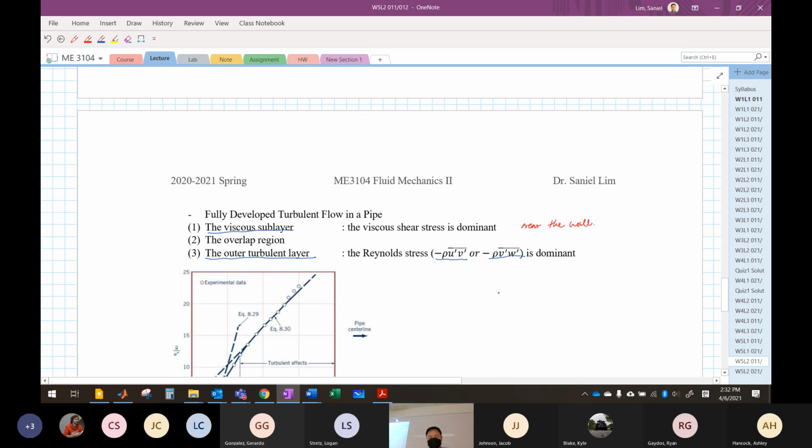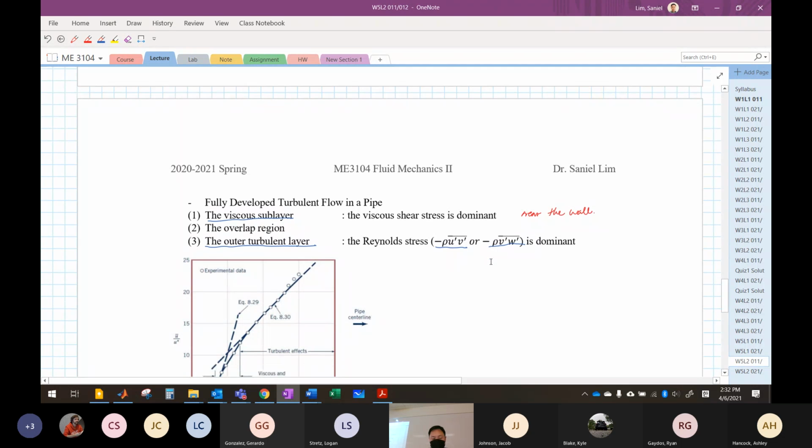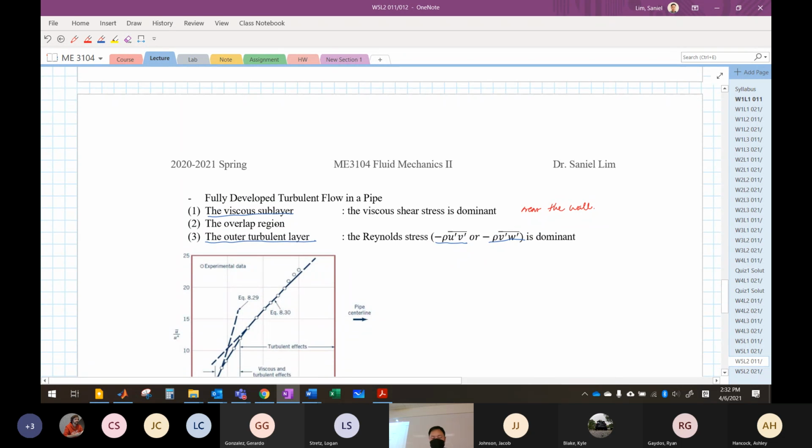So there are a lot of vortices showing up, of course chopped down to small scales in this case. Then the overlap region can be defined by a combination of the viscous sublayer and the turbulent layer. So what they did is dimensional analysis, then found the dimensionless groups for these experiments.